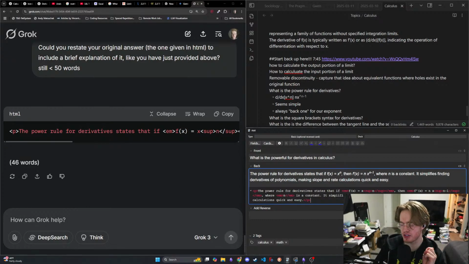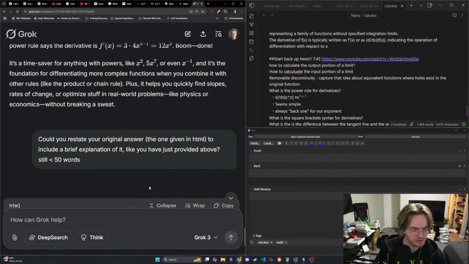That's crazy that you can find the slope so quick.